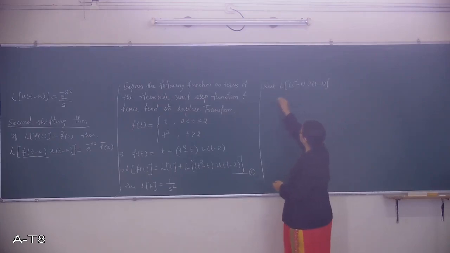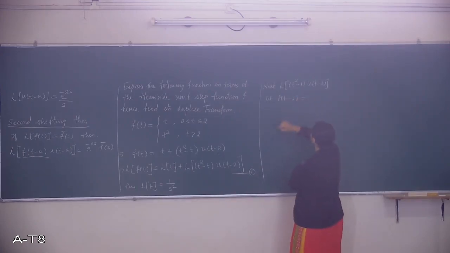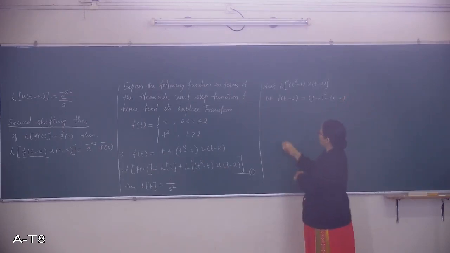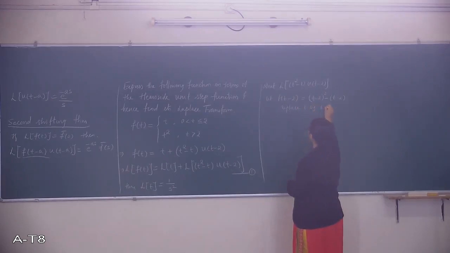So first we take, let f of t minus 2 equals to t minus 2 square minus of t minus 2. Okay, now I want f of t, so I replace here t by t plus 2.